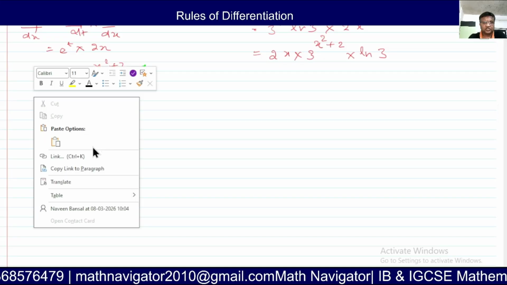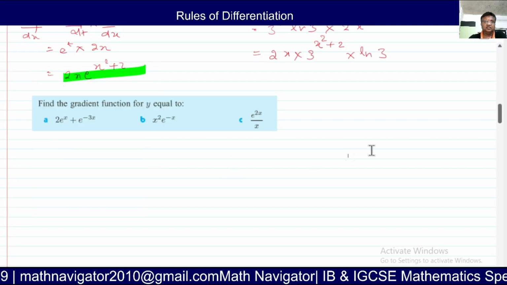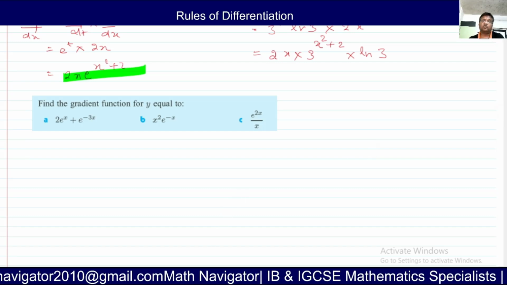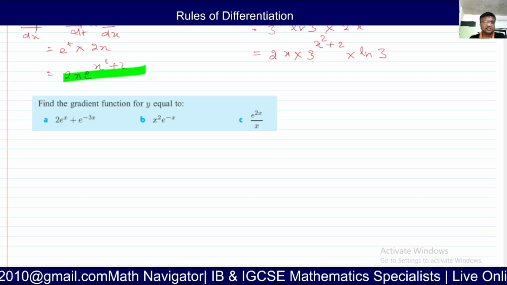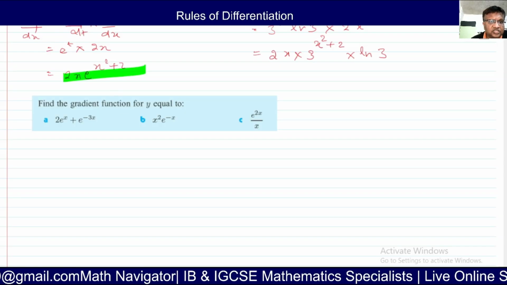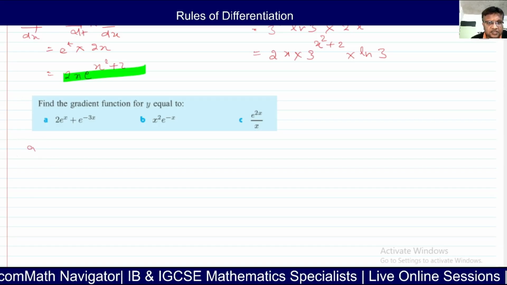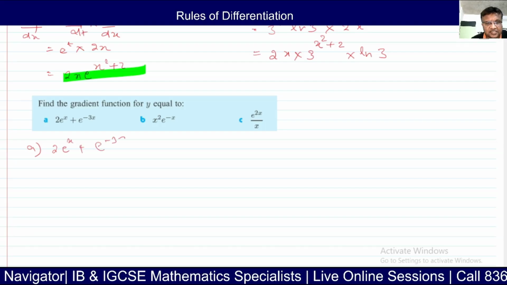So let's do some questions in this. Let's take these. Find the gradient function for y equal to... what do you mean by gradient function? Gradient function means nothing but dy by dx. So if I take the first question a, this is giving me y equal to 2e^x plus e raised to the power minus 3x.